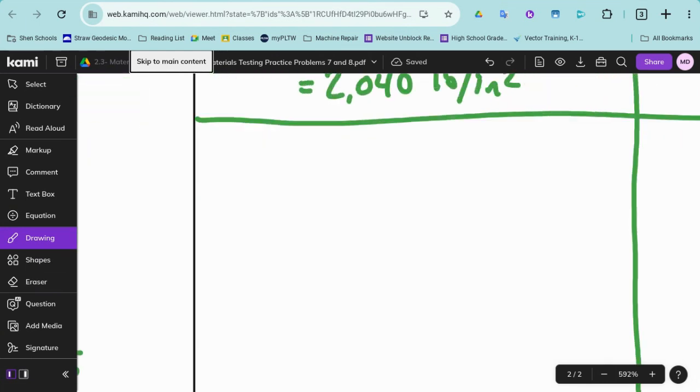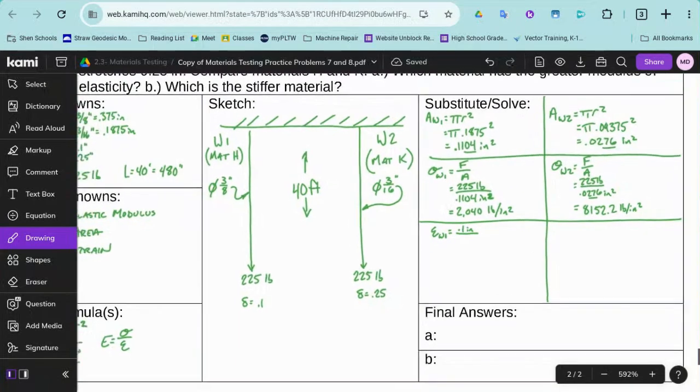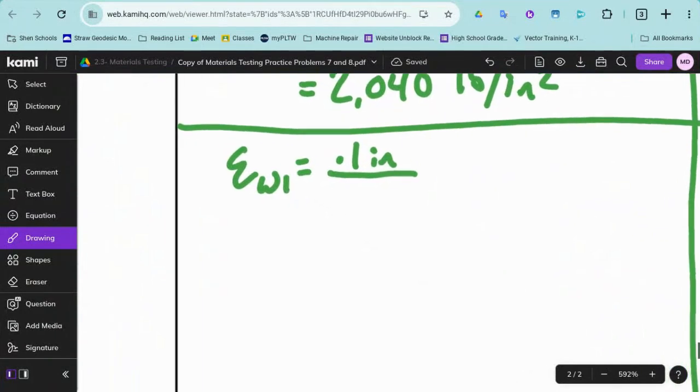Looking at our strain for wire 1, our strain is going to be equal to 0.1 inches of elongation over 40 feet times 12 inches, which works out to 480 inches.